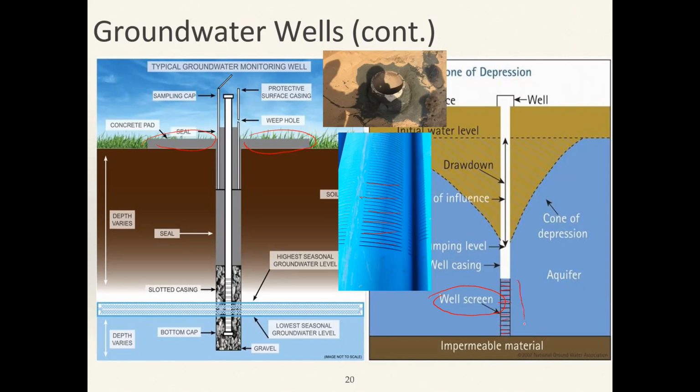So this screen height is very important when you are talking about the pumping test or the groundwater movement when the water is pumped out. The reason is that water enters the well only through the screens. And also you need to understand that there is a head loss when the water goes through these very small screens, right? So they all need to be considered.